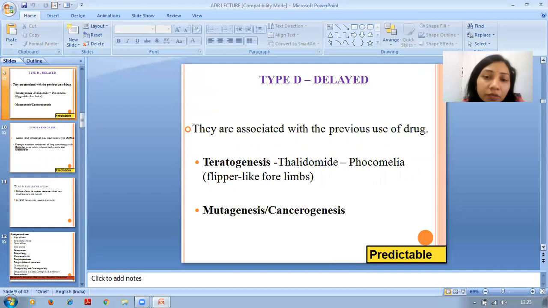They are associated with previous use of a drug. For example, a patient has used a drug at a certain time and may develop toxicity or adverse effects in a later period of time, like mutagenicity, carcinogenicity, or teratogenesis, which come in this category.